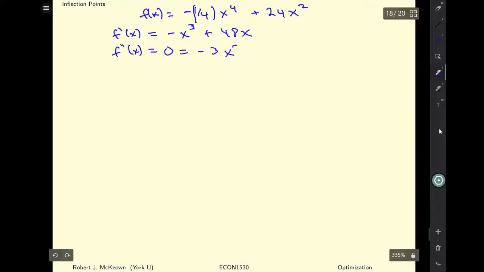Got negative 3x squared plus 48. And I want to simplify this as much as possible. So I'll factor out a negative 3, so I'll write negative 3 like that. Now I've got x squared minus 16.